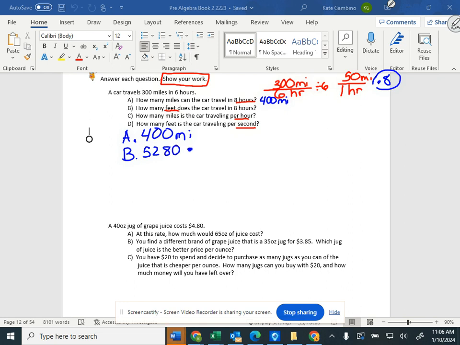So we need to multiply that by the 400 miles, and we get 2,112,000 feet. Again, notice how I showed my work. I said what I'm multiplying, because I know there's 5,280 feet and it's 400 miles.